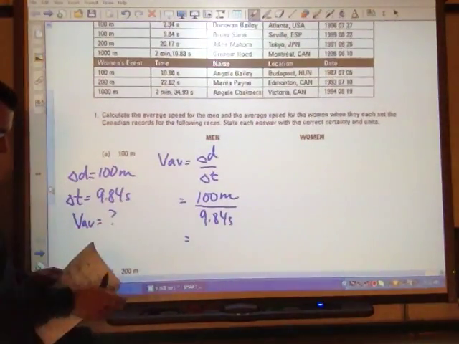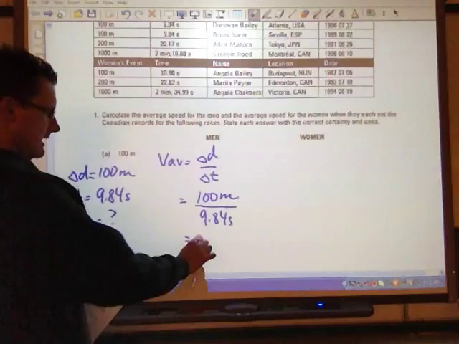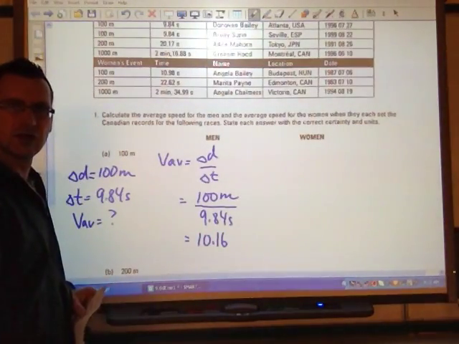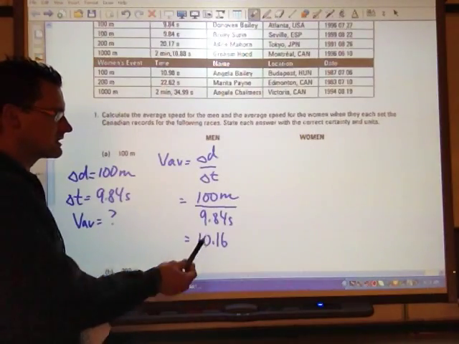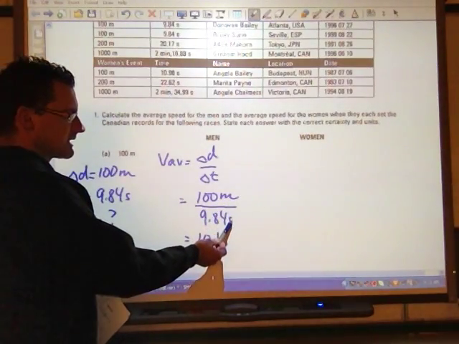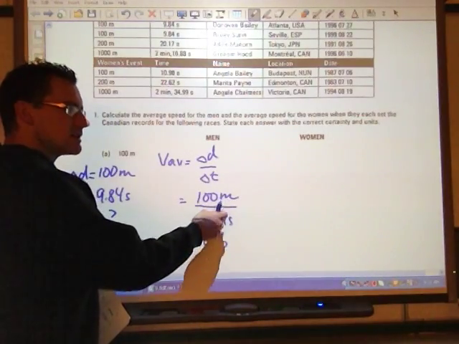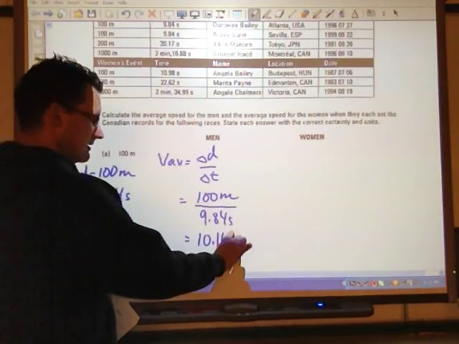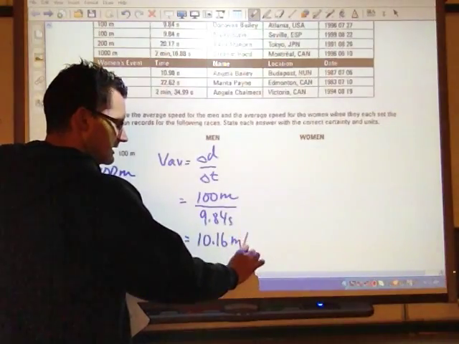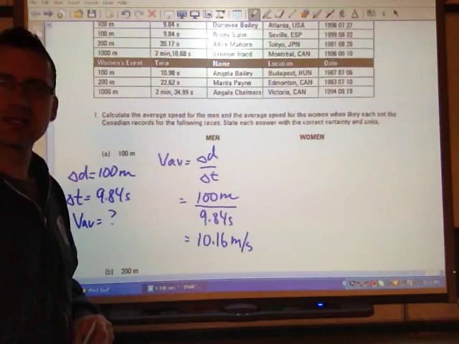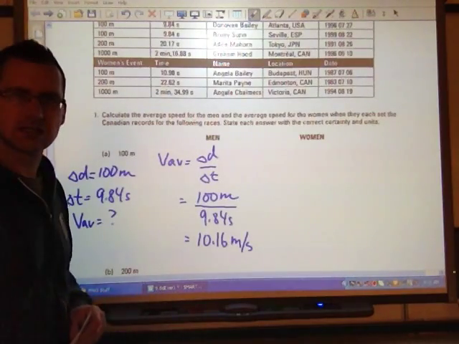If you put that into your calculator, you will get 10.16 for numbers. To find out the units, we have meters on top, seconds on the bottom, meters over seconds, or meters per second. So the word over, change it into per, and we get 10.16 meters per second. So 10 meter sticks in 1 second.